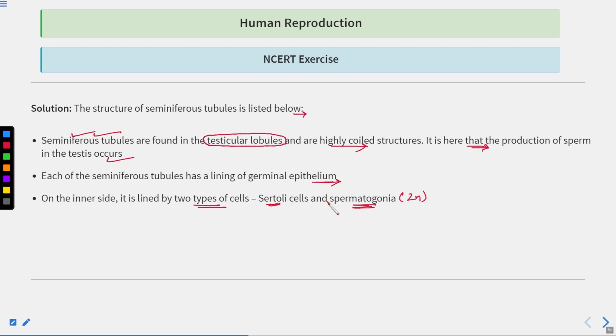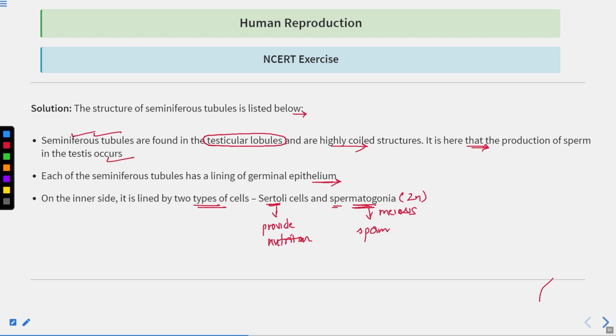And these Sertoli cells provide nourishment to the spermatogonia. So they provide nutrition to the spermatogonia, and spermatogonia are diploid cells, and through meiosis in these cells, the sperms are produced.